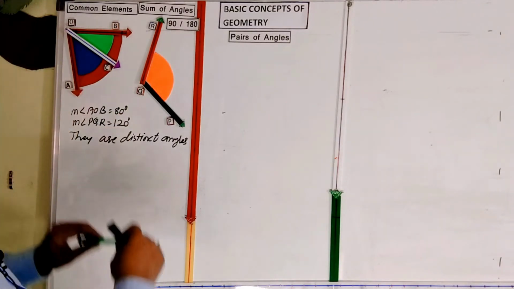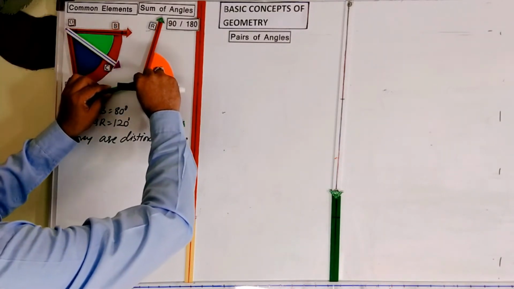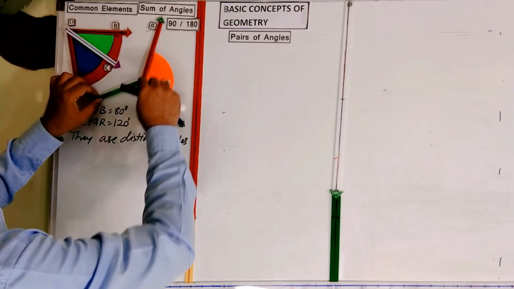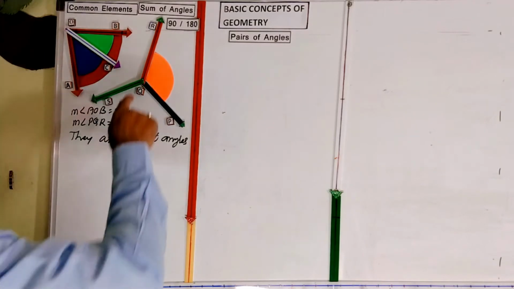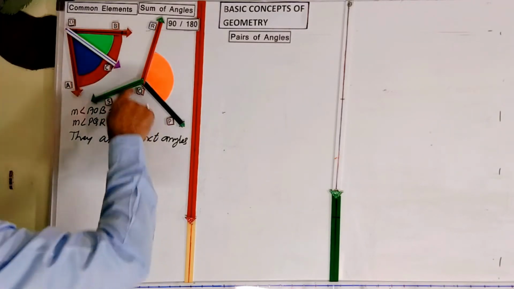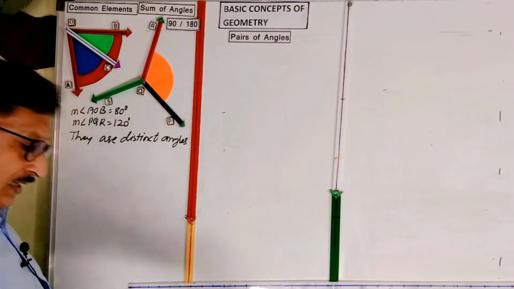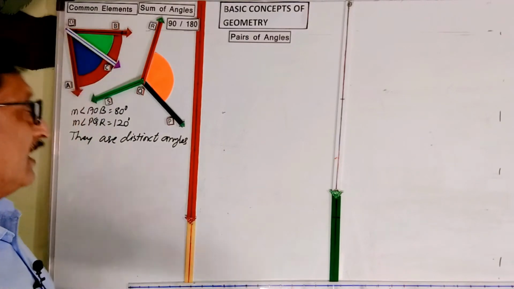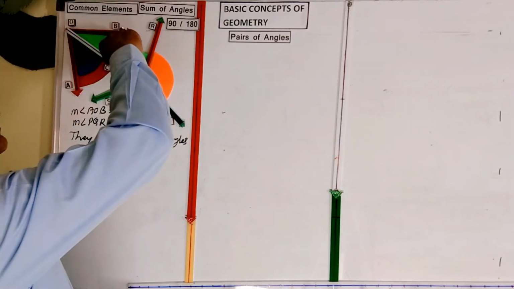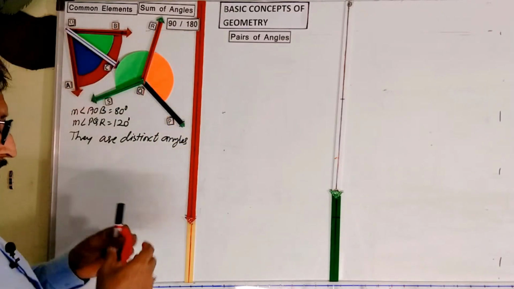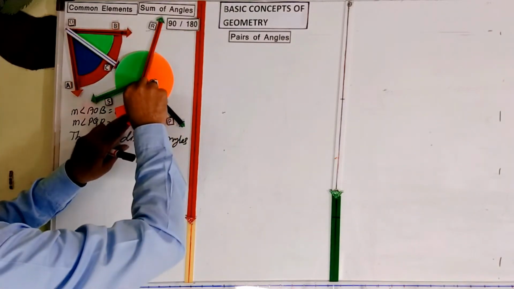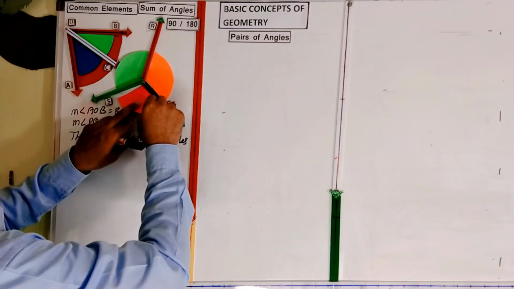Similarly, in this angle, suppose I draw a ray passing through this vertex toward the outer side. See, due to this ray, again we get two different interiors. These interiors can also be shown in green color. This is one interior part made by this ray, and the other interior can be shown in pink color.